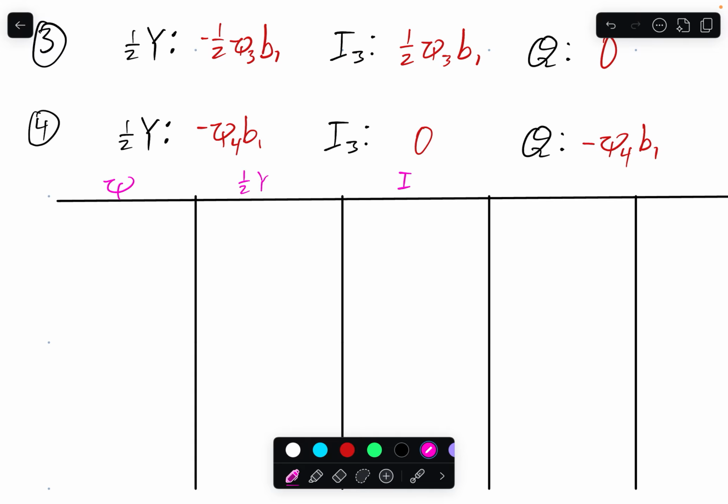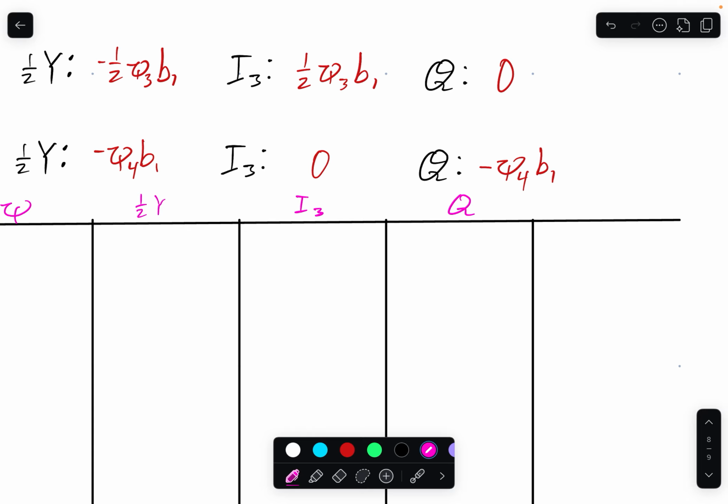Here we're going to have our isospin. Here our electric charge. And then this will be the lepton field.